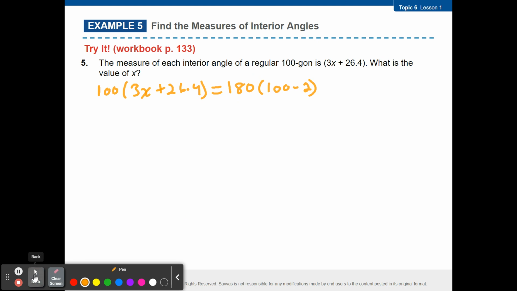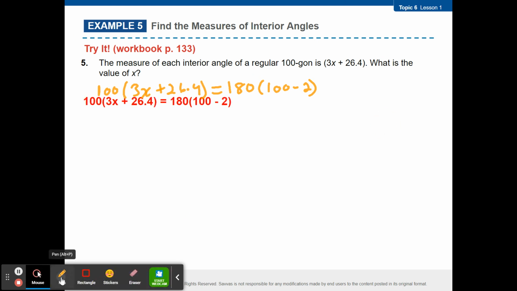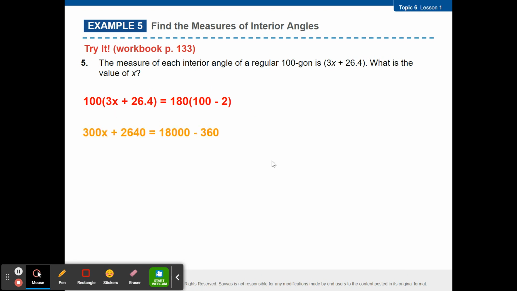And from here, I solve. So I'm going to distribute here and subtract this and then distribute. Or you can subtract and then multiply. It doesn't matter. Either way works. I combined like terms here. Subtracted this from each side. I get x is equal to 50.